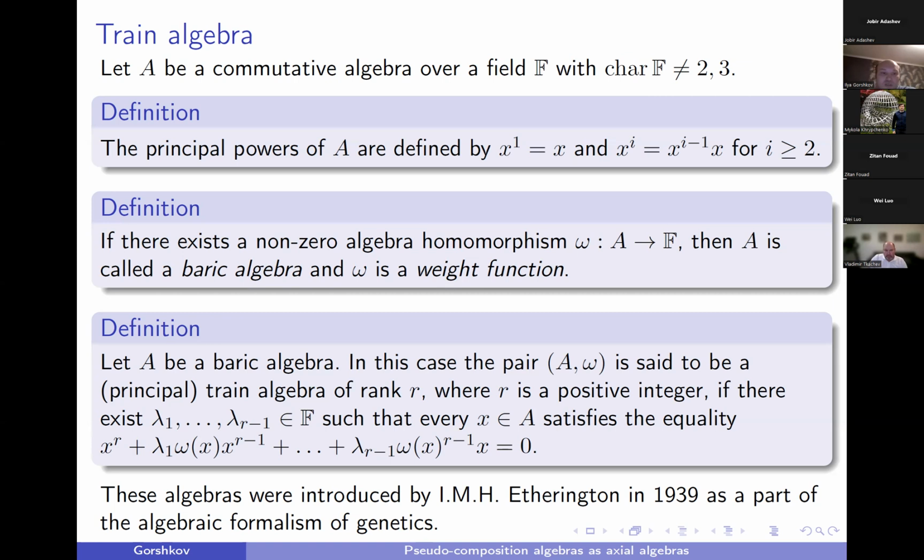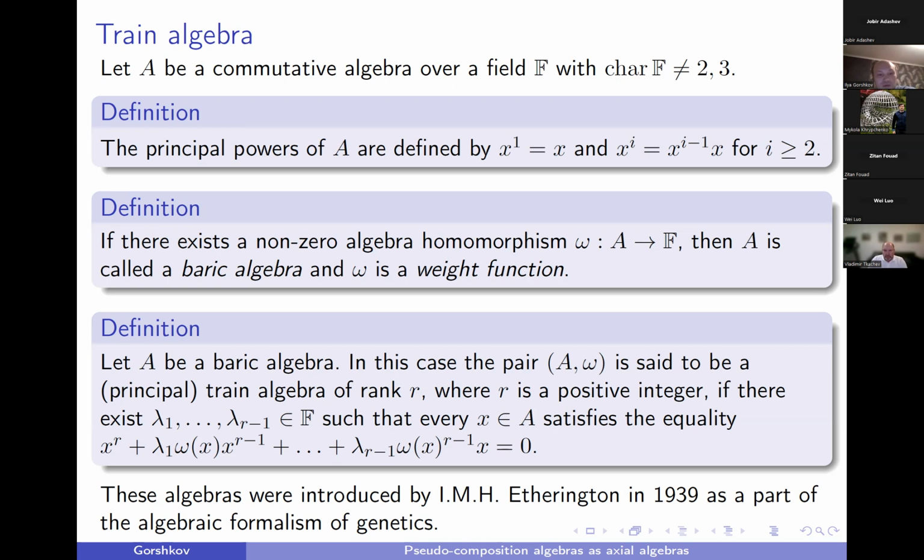Next definition: we say that an algebra is baric if there exists a non-trivial homomorphism from A to F. In this case, we say that our homomorphism omega is a weight function, and the algebra is a baric algebra.